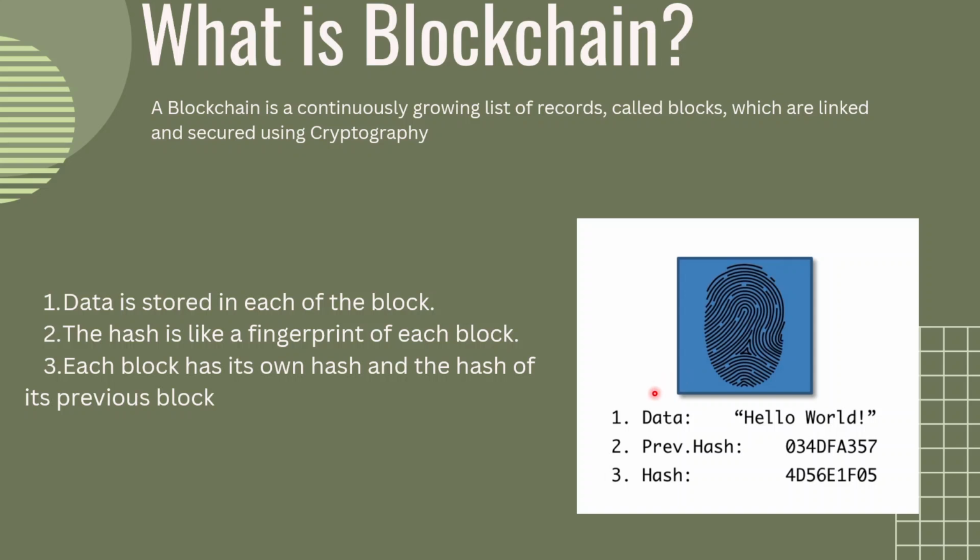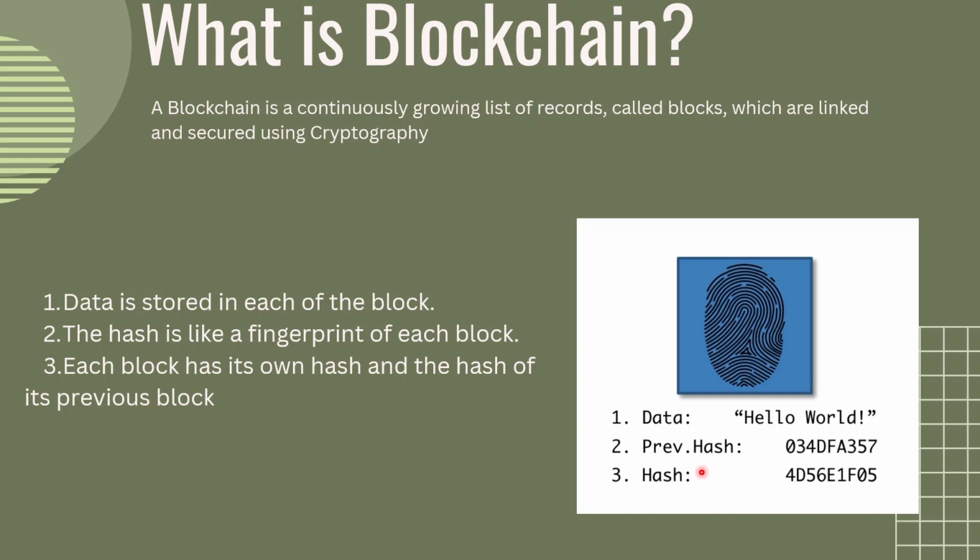Each block has data, previous hash, and hash. Hash means each block has a particular code of its own. Each block can be represented as a particular hash function or a number, and previous hash means each block has the hash of its previous block.